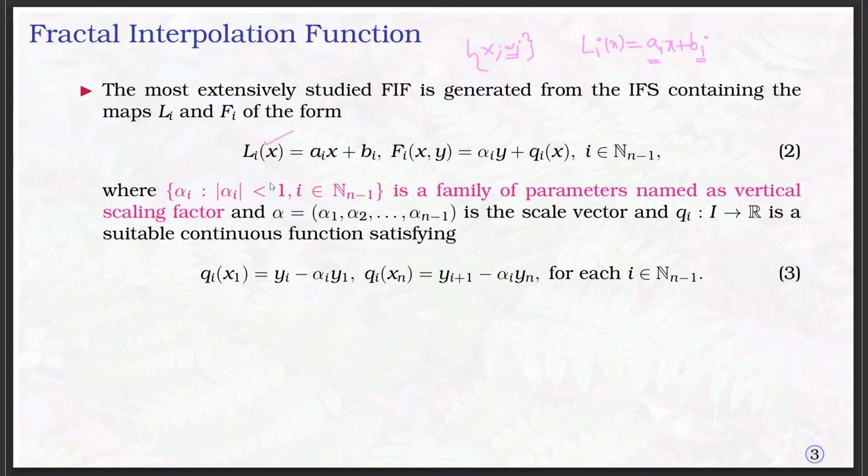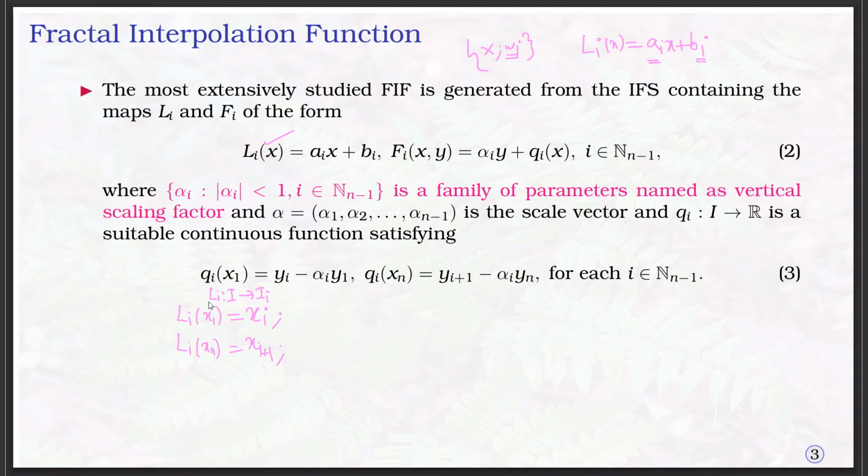This satisfies the endpoint conditions Li of x1 equals xi and Li of xn equals xi plus 1, and also this Li is a homeomorphism from I to Ii, that means bijective and bicontinuous.